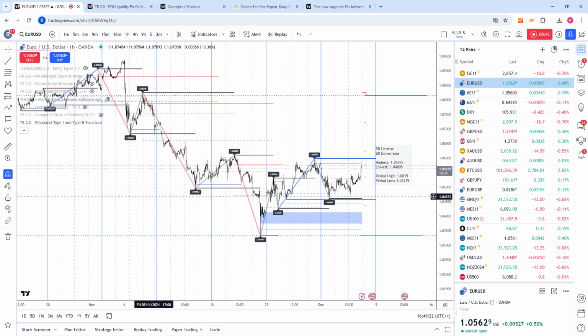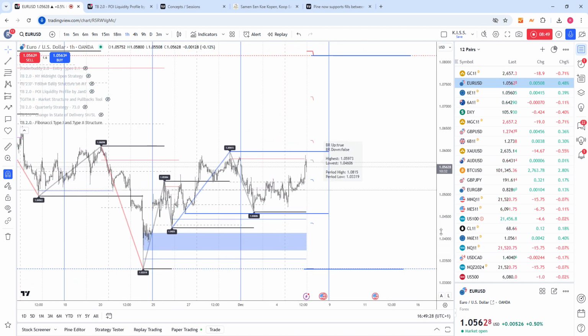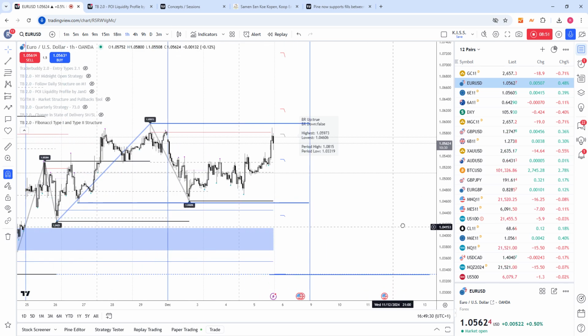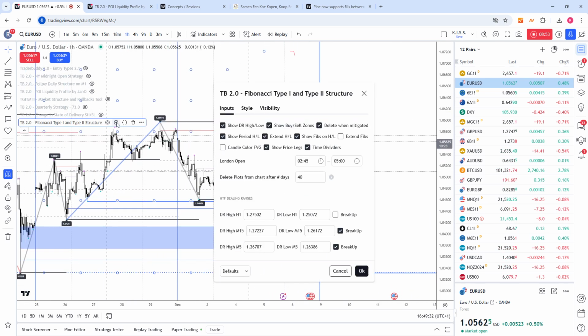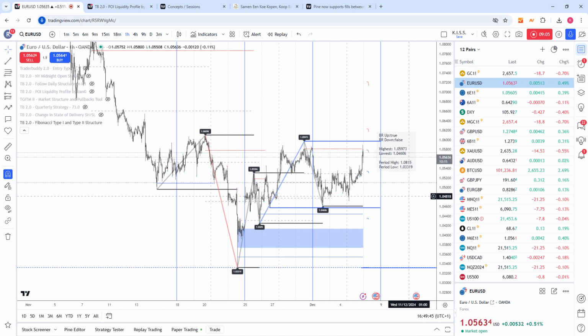This is all meant for you to look at price in a more structured way. Because if you look at this, let's clean it up a bit by H1, only the last 30 days or 20 days. That's what ICT always says, huh? The last 20 days.